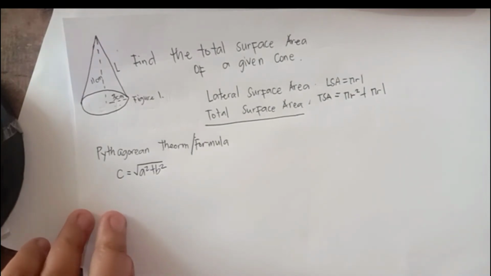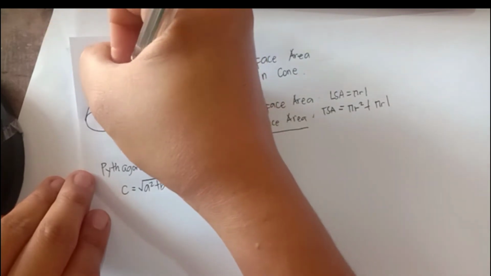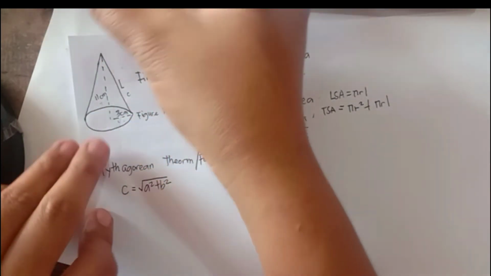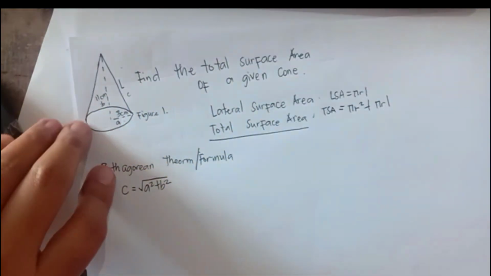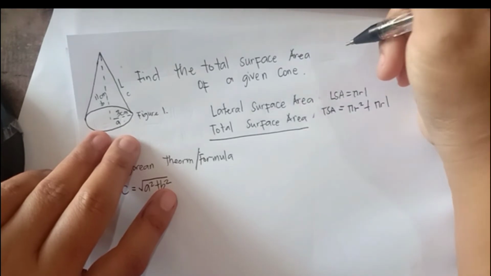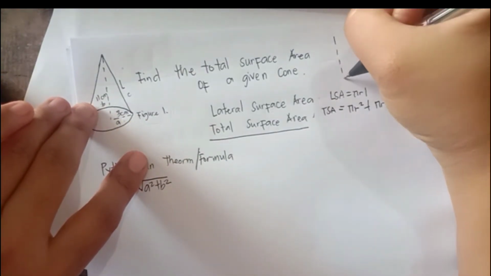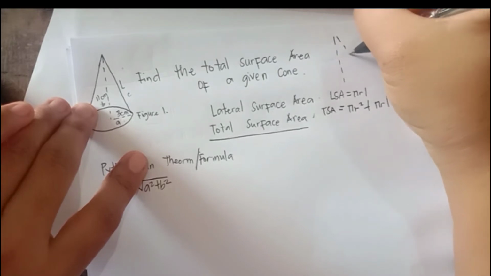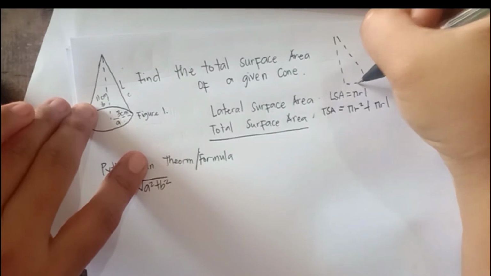So, ano yung una natin gagawin? So, this is our A, B, and C. As you can see, meron tayong sa ating cone, merong naka-form na triangle. Sorry.